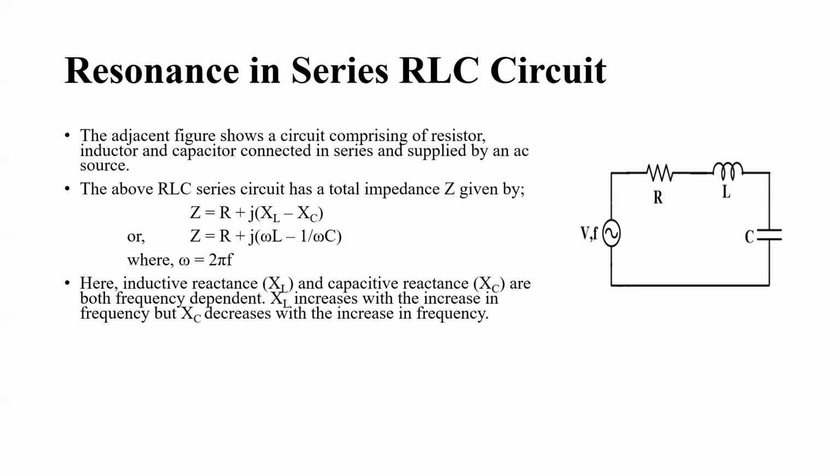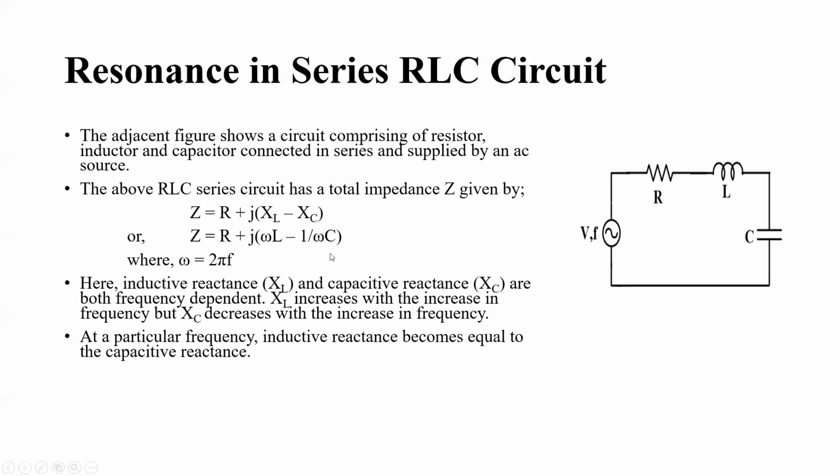In this case, we can easily see that XL equals omega L and XC equals 1 by omega C. XL and XC both are frequency dependent, and XL increases with increase in frequency, but XC decreases with increase in frequency.